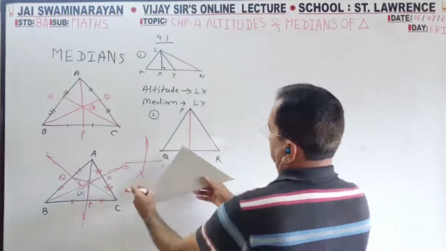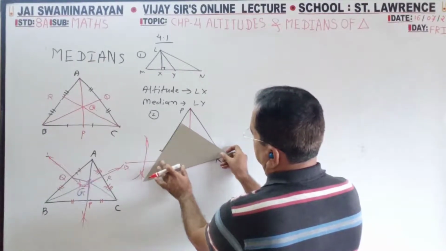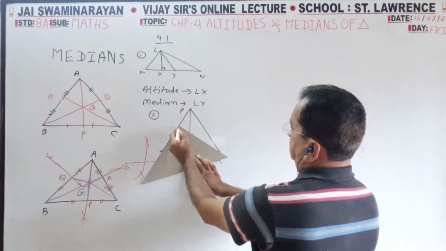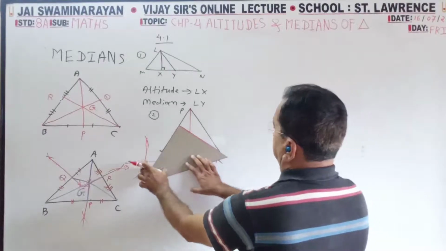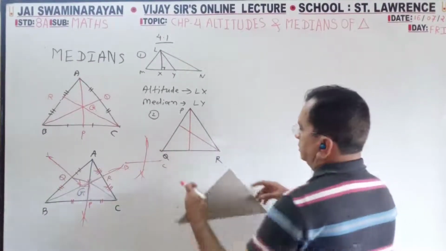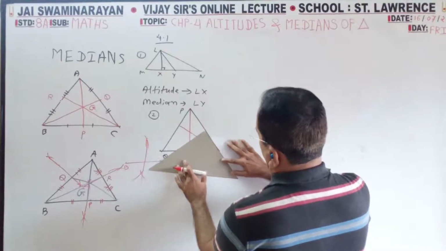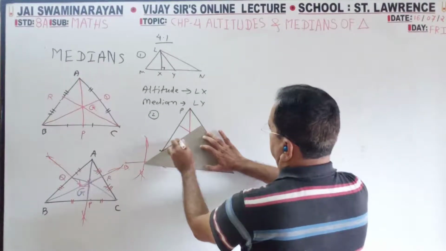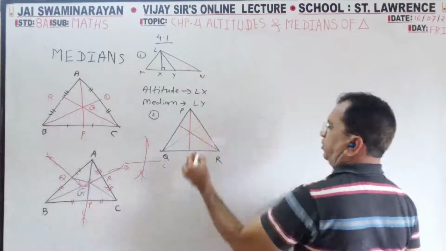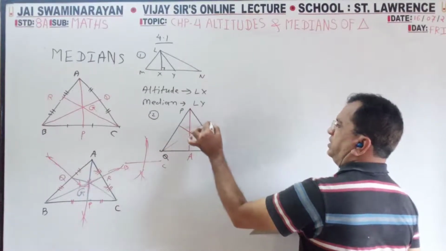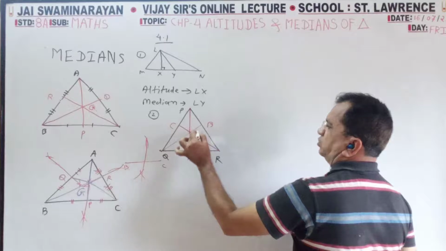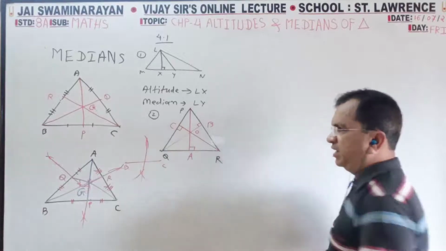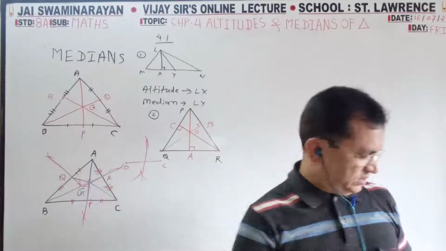Now from this line, then this line, move up to point P. So from P to A, Q to B, R to C, and this is O. All 90 degrees you have to show, otherwise you will lose 1 mark. So this is question number 1.